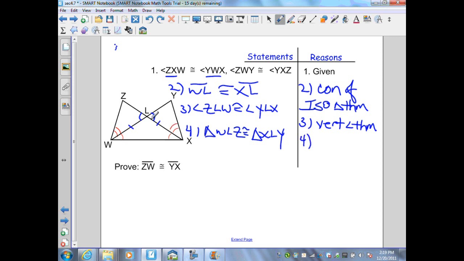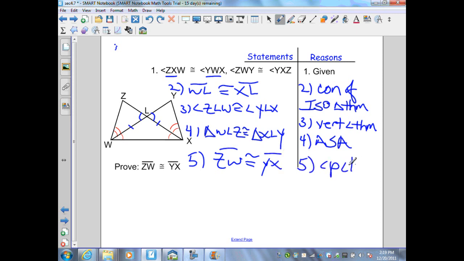The side is included. On step 5, given this correspondency, I can state that ZW is congruent to YX by the method of CPCTC.